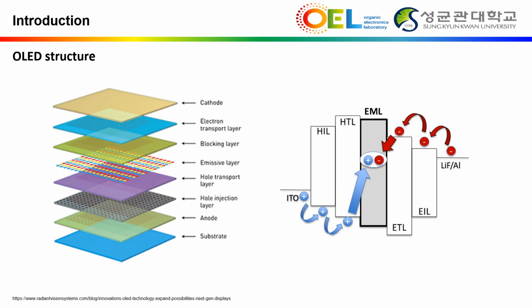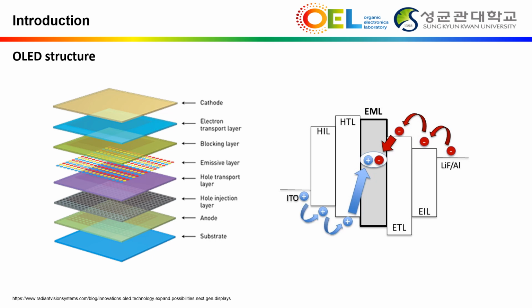The layers in an OLED include an anode, a hole injection layer, a hole transport layer, an emission layer, an electron transport layer, and an electron injection layer. When a voltage is applied across the device, electrons are injected into the electron transport layer from the cathode, while holes are injected into the hole transport layer from the anode.